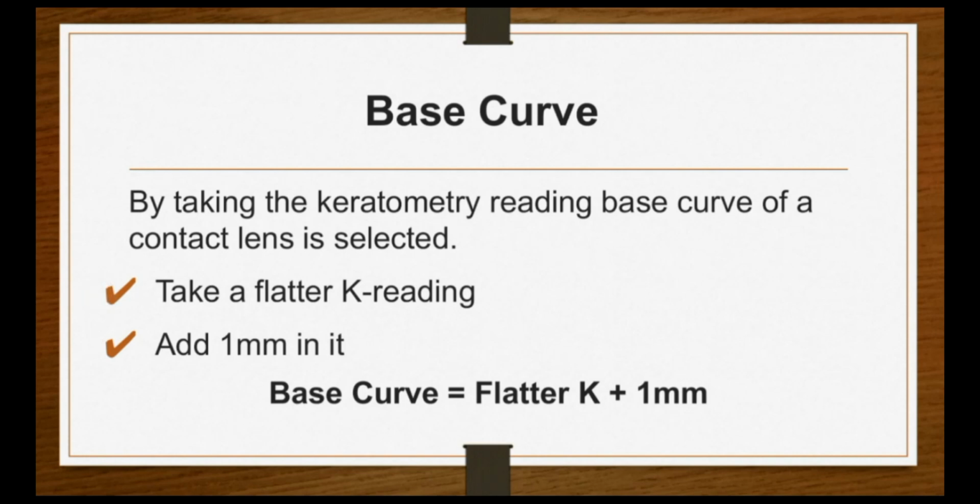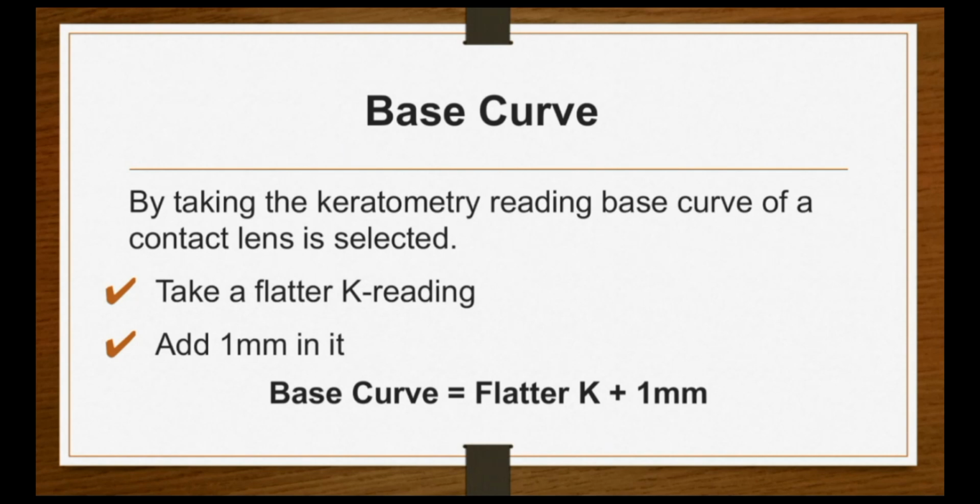I am talking about millimeters. In diopters, a value higher than 43 diopters means that is the steeper one. So if somebody has a K reading of 7.4 millimeter with 45 diopters, this means the patient is myopic. And if the patient has a K reading of 8 millimeter with 38 diopters, it means the radius of curvature of the cornea is flatter.